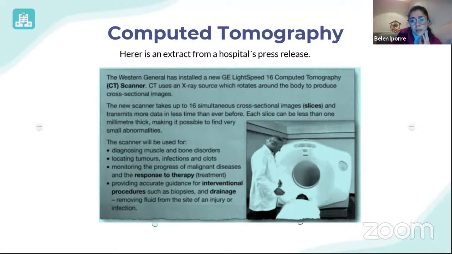Each slice can be less than 1 millimeter thick, making it possible to find very small abnormalities. The scanner will be used for diagnosing muscle and bone disorders, locating tumors, infection, and clots, monitoring the progress of malignant diseases and the response to therapy treatment, providing accurate guidance for interventional procedures such as biopsies and drainage, removing fluid from the site of an injury or infection.